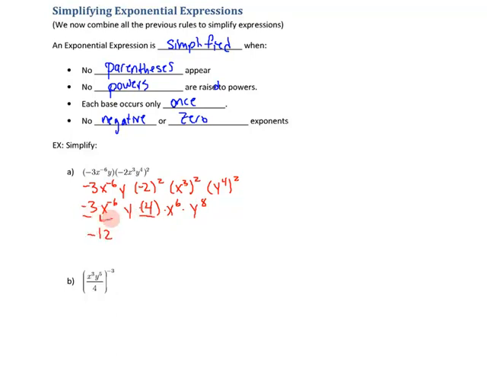We have x to the 6th and x to the minus 6th. We add those exponents. We have y to the first and y to the 8th, so we add those. I end up with negative 12 x to the 0, y to the 9th, because negative 6 plus 6 is 0, which is negative 12y to the 9th.